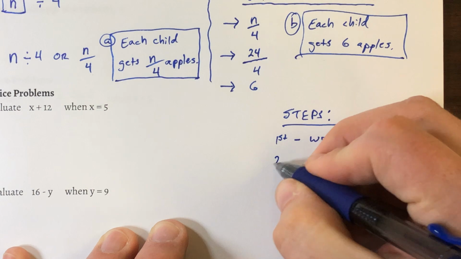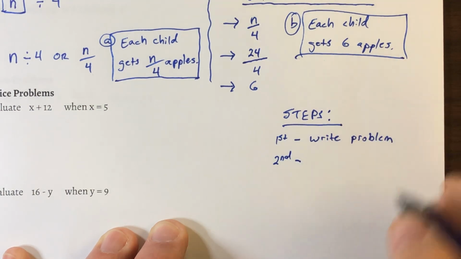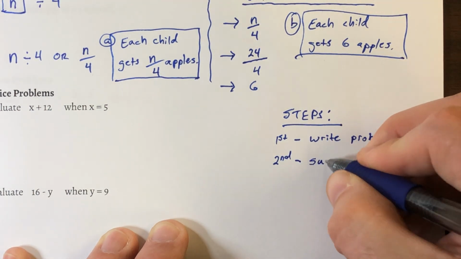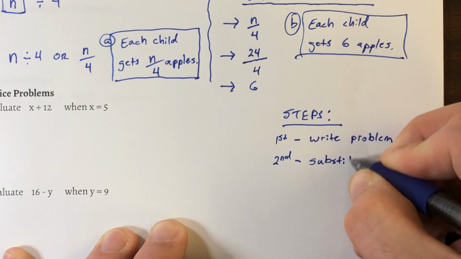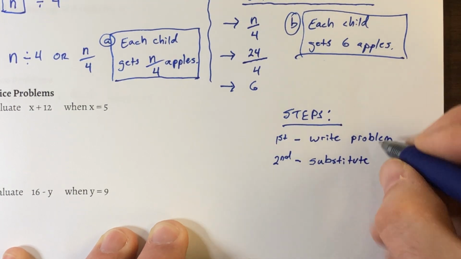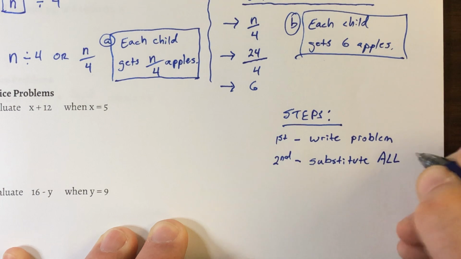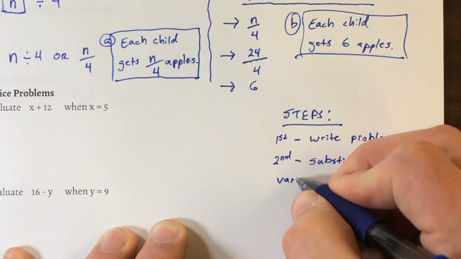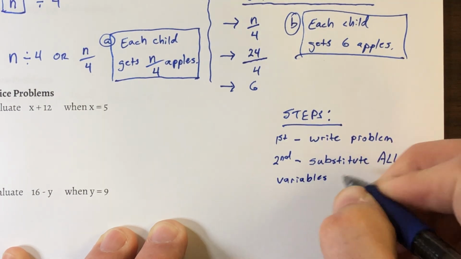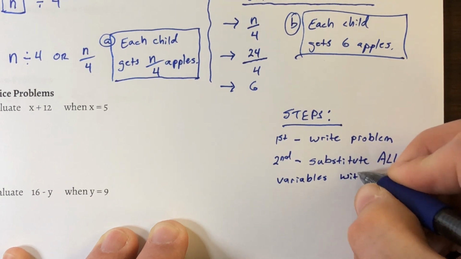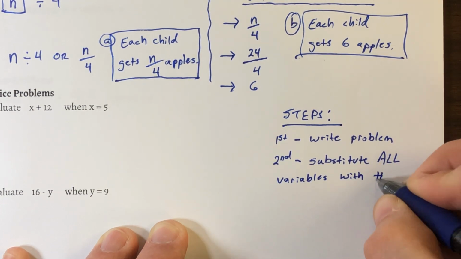Second step, you're going to substitute, that means replace, all variables with the number given.